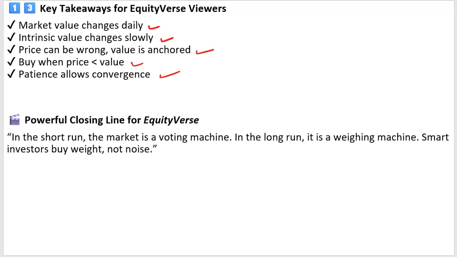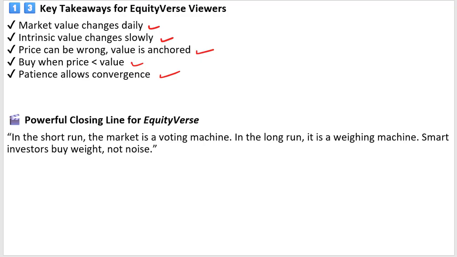Smart investors focus on long-term IV value rather than short-term noise. The voting machine is the short term. Markets act on emotion, panic, greed, and speculation. Prices fluctuate based on popularity or headlines rather than company value.